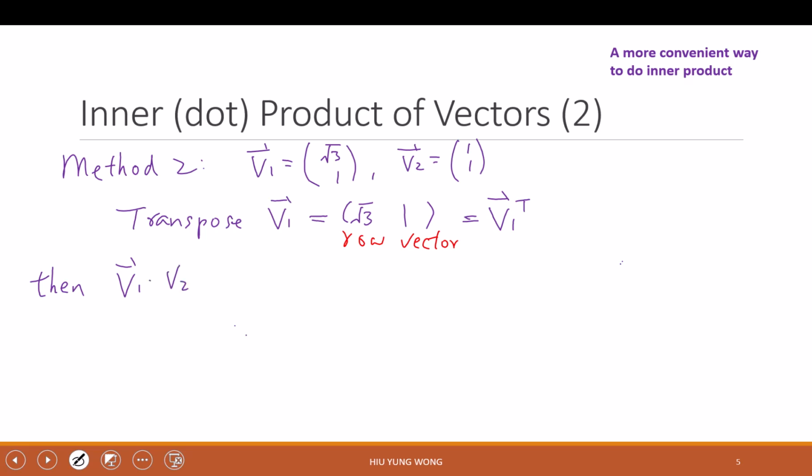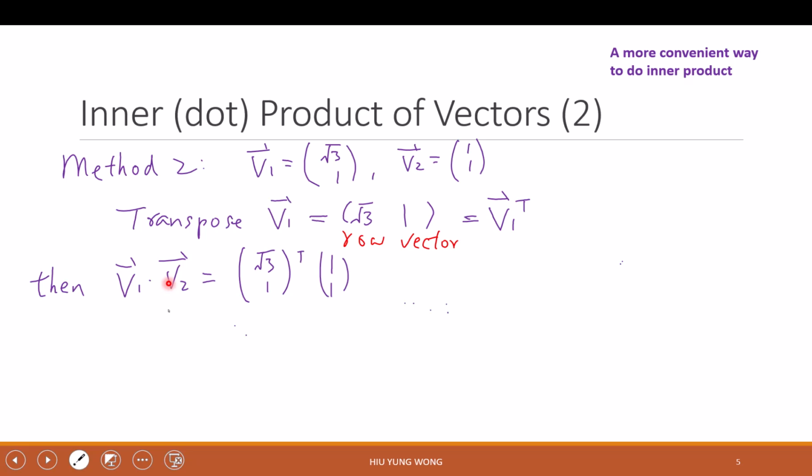So V1 dot V2 turns out to be square root 3, 1 transpose times 1, 1. Do you understand what I'm talking about here?